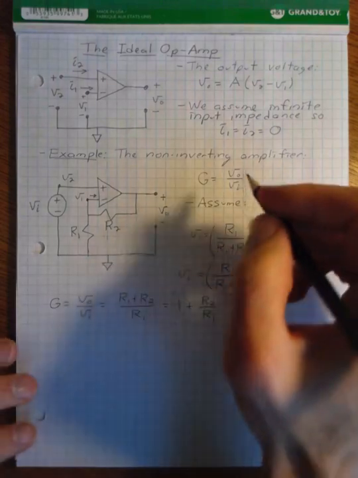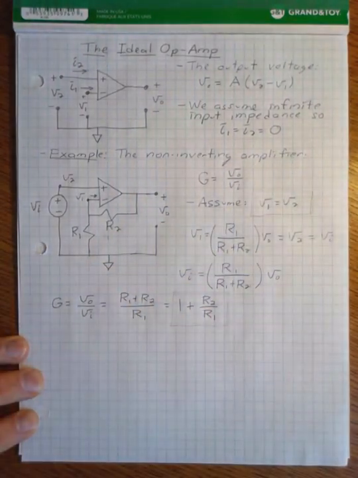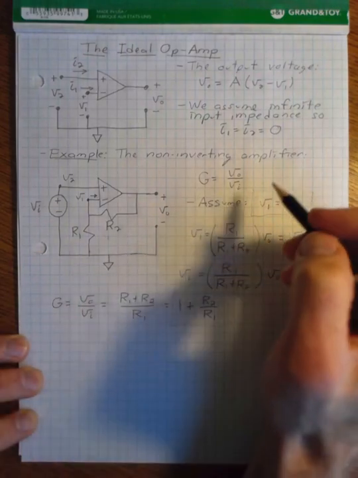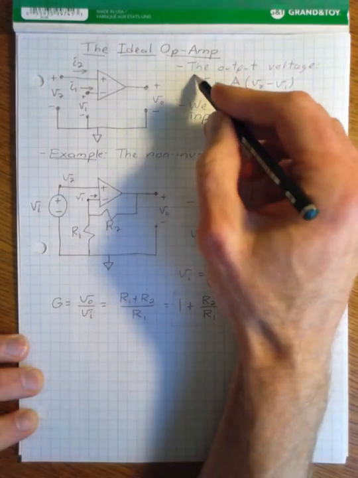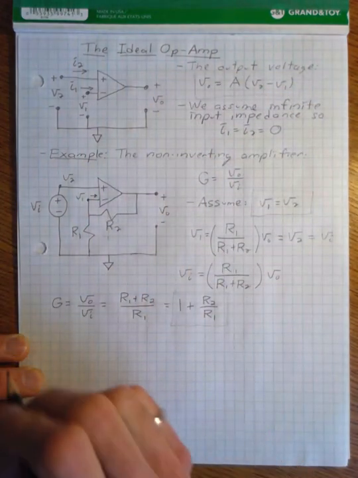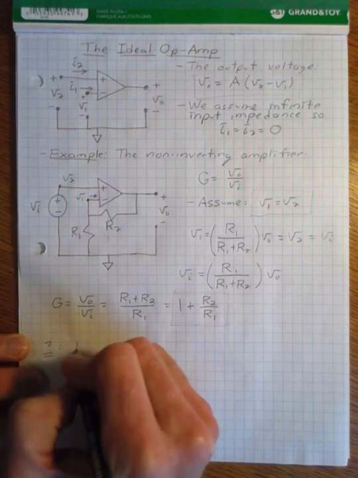But I'll loop back to here because this is the one that I always had trouble with. So the voltage is equal at these two terminals. Well, I always had a hard time with this assumption and this equation here. So here are my questions.